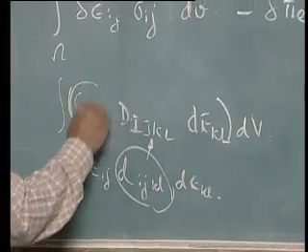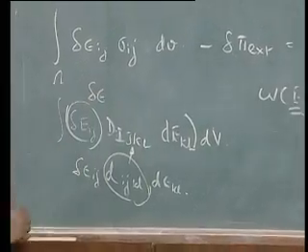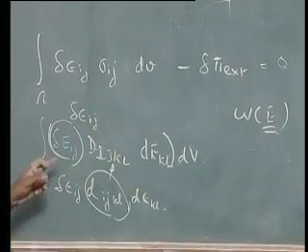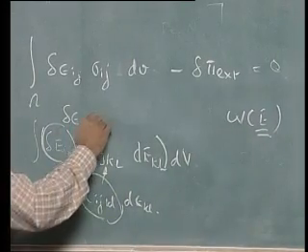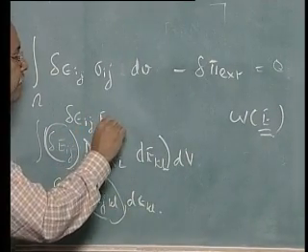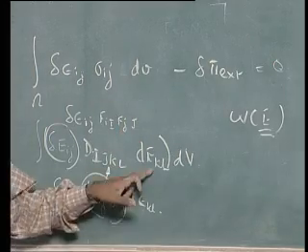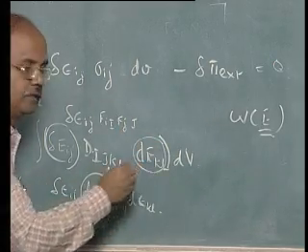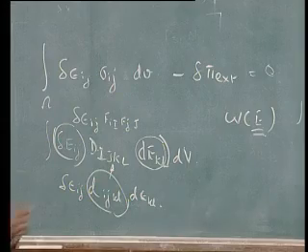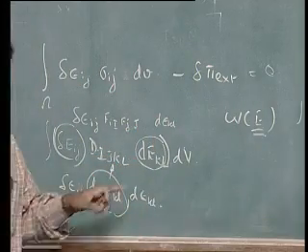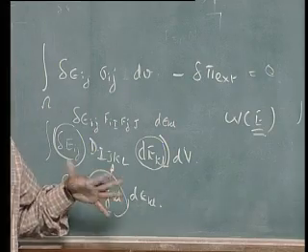This is delta epsilon ij, F_ii F_jj. Right? And this guy here is d epsilon kl, F_kk F_ll.